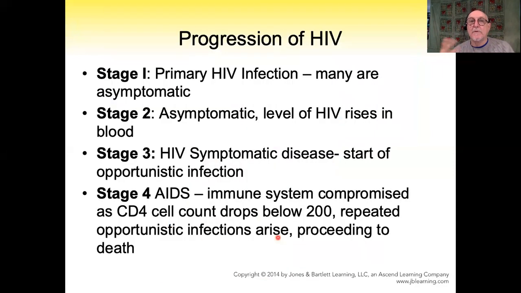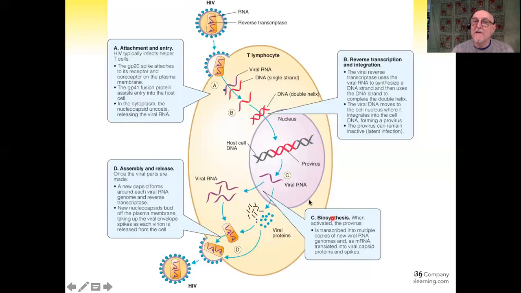In the meantime, of course, the person is infectious. They may remain uninfectious as long as they don't have viral particles circulating. But as soon as they have viral particles circulating, which I'll show you is actually very soon, they become infectious. HIV is not, by the way, very infectious.